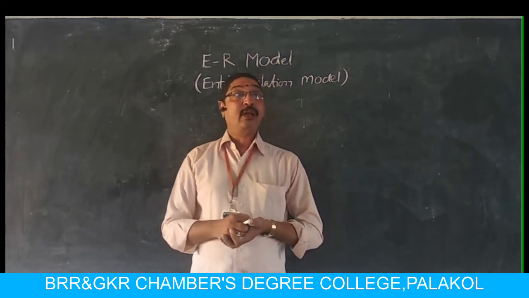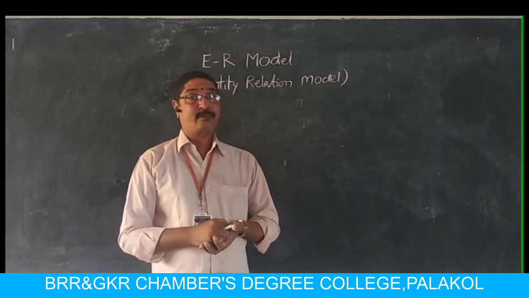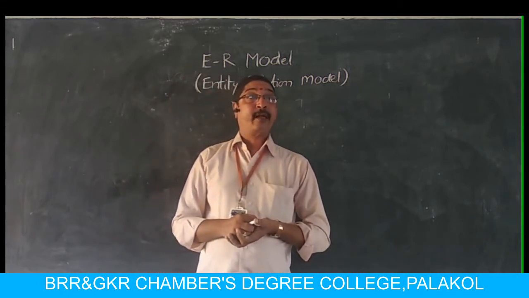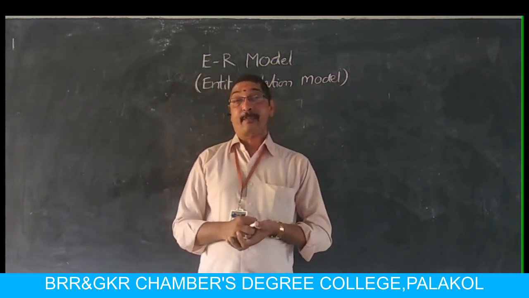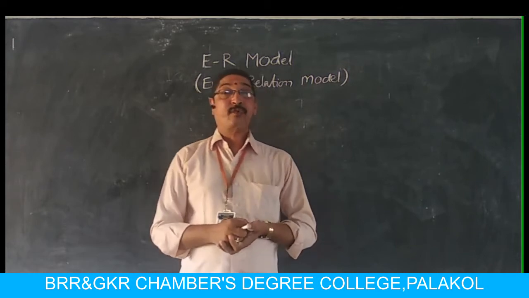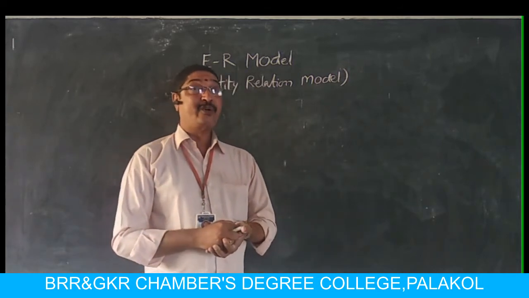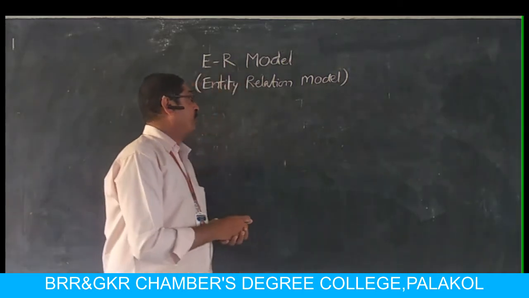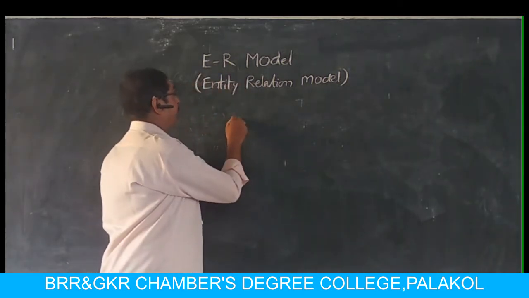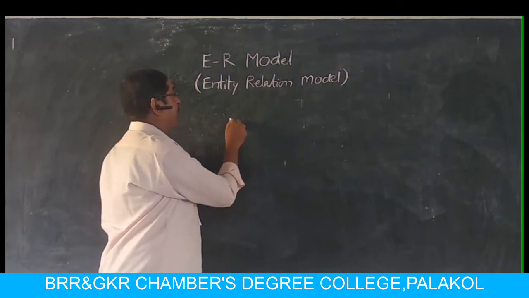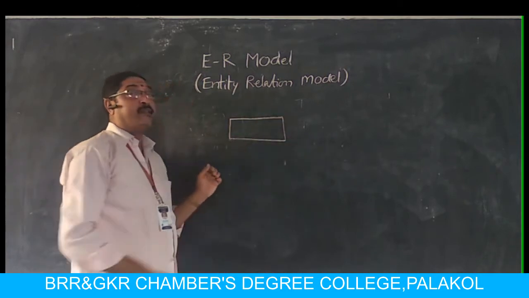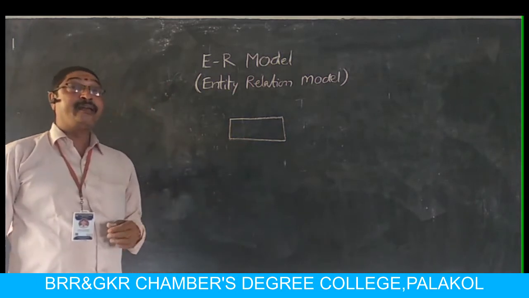In this, we will use some symbols also. So what are the symbols available here and how will these be represented? We'll see. The first symbol that we use in this ER diagram is a rectangle, which denotes an entity.